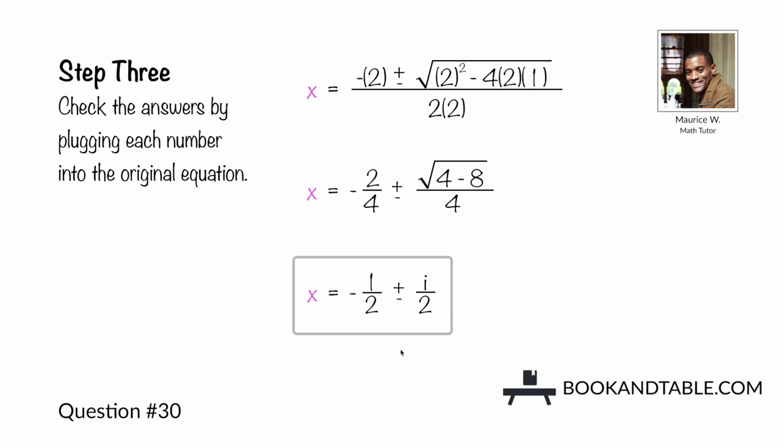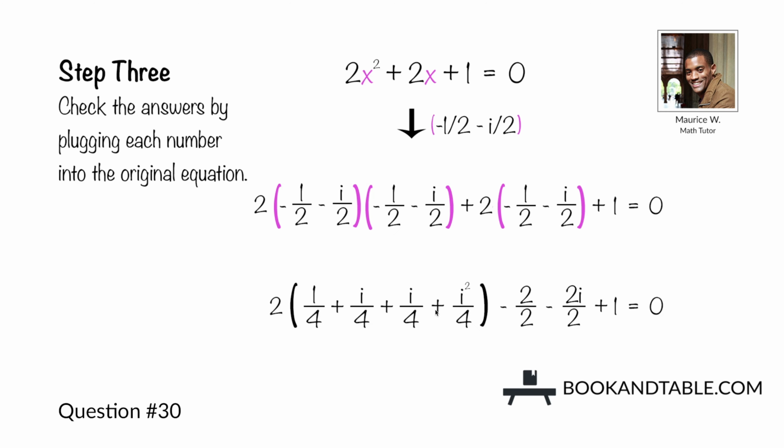And now to check the answers, we plug each number into the original equation. So we'll test negative 1/2 minus i over 2 first. We'll plug it in for x here and here, giving us 2 times negative 1/2 minus i over 2 times negative 1/2 minus i over 2 plus 2 times negative 1/2 minus i over 2 plus 1 is equal to 0.